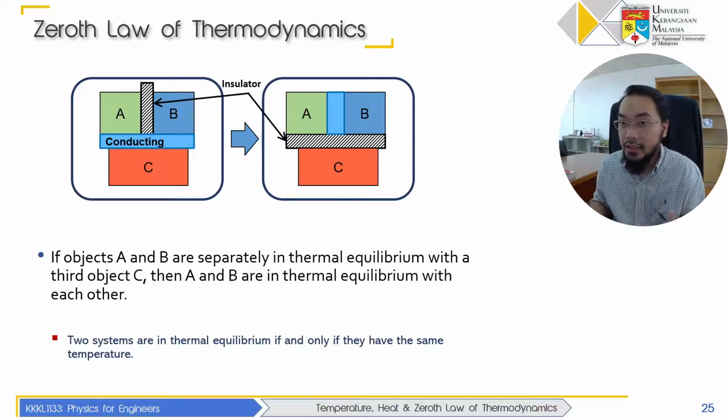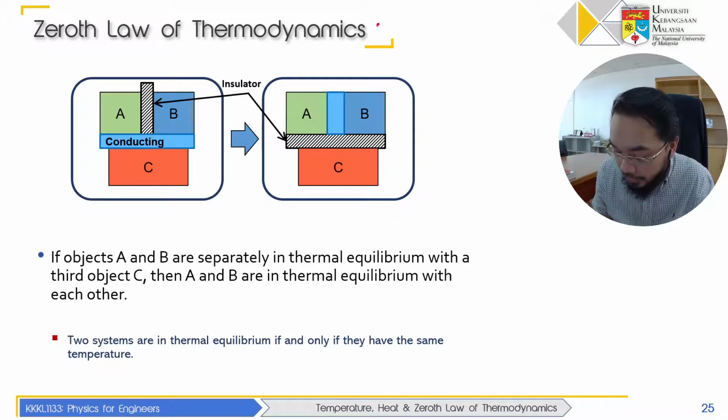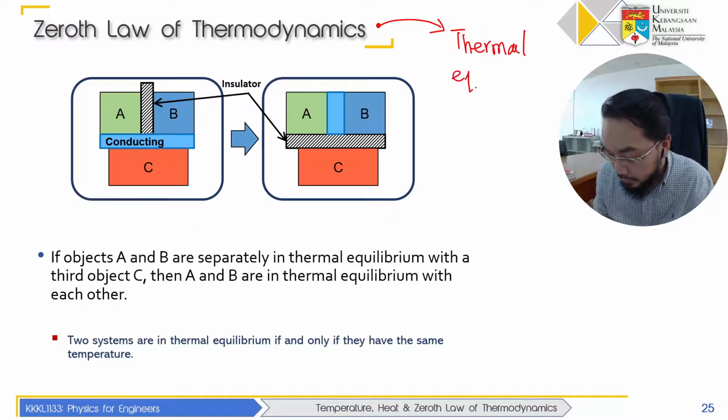Hence, that's how you get the zeroth law of thermodynamics. So what is the zeroth law? Off the bat, I can tell you it is regarding thermal equilibrium. That's the concept that should come up in your mind when you hear or read zeroth law of thermodynamics.